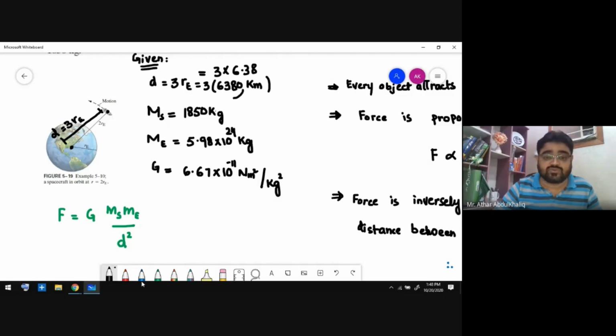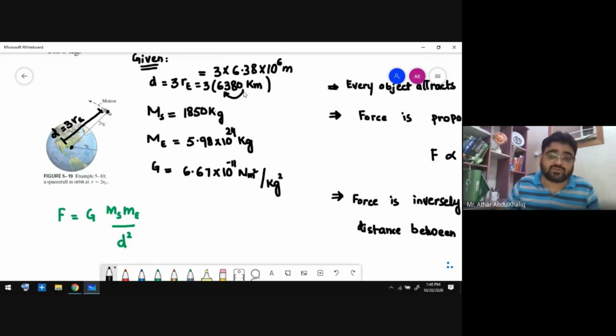So this decimal move from here to here, it is 10 to the power 3. And kilometer is also 10 to the power 3. So can I write 6.38 times 10 to the power 6 meters? What I did, I wrote 10 to the power 3 by moving the decimal from here to here, and kilometer is 10 to the power 3, so it becomes 10 to the power 6.